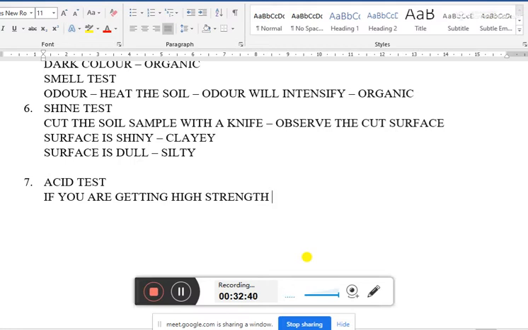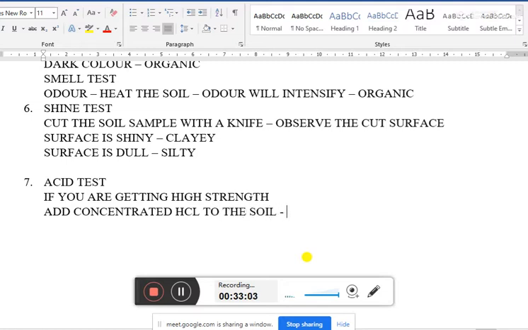You have to add some hydrochloric acid, concentrated HCl, to the soil.